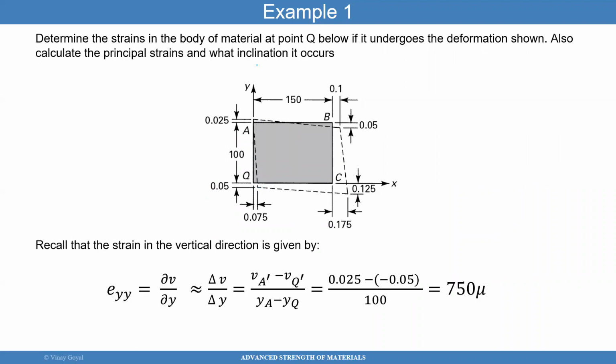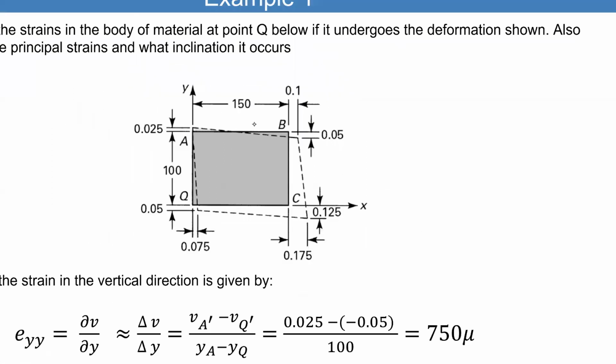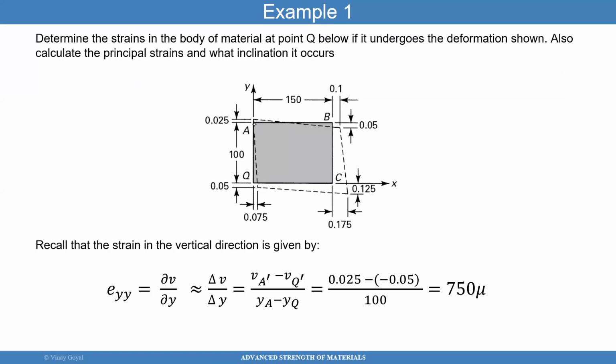So let's start. In the vertical direction, what I have is point A over here and point Q over here. So that length is 100, which is what you see here. The coordinate YA minus YQ is 100.